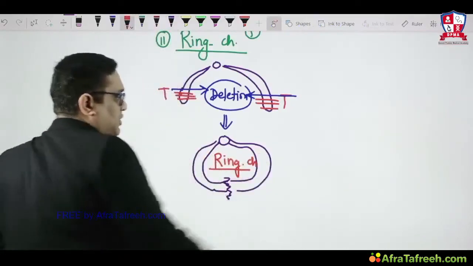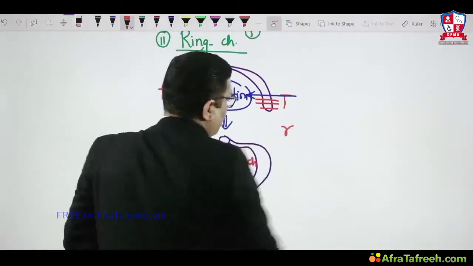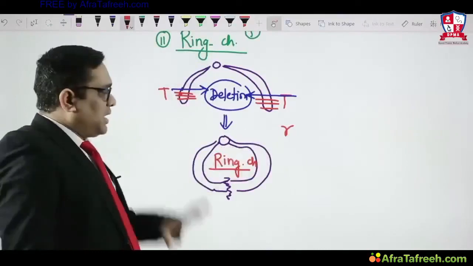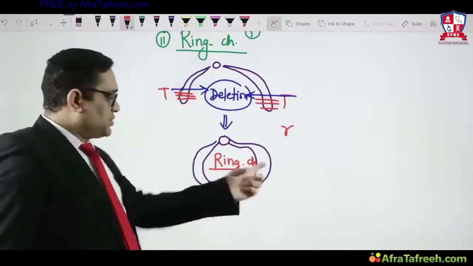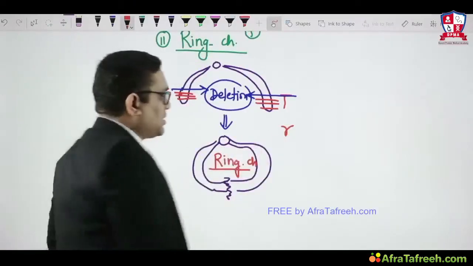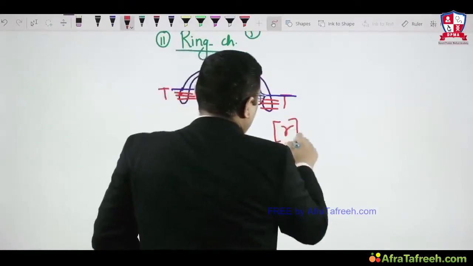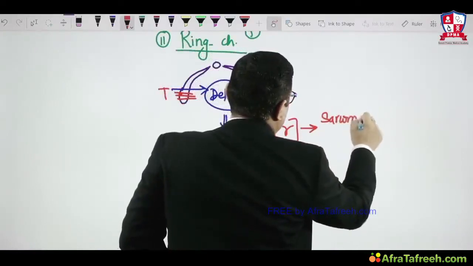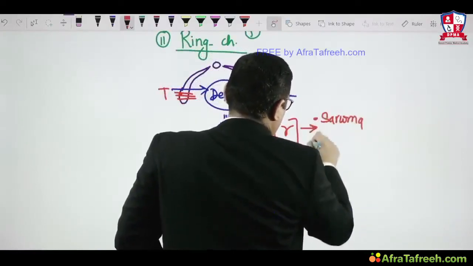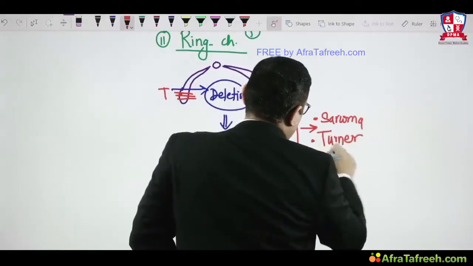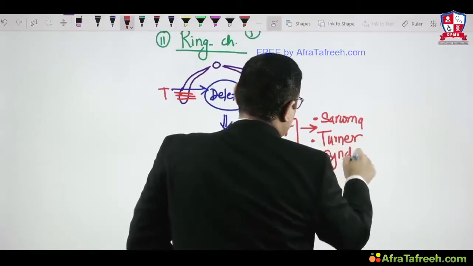A ring chromosome is denoted by a small r in karyotyping, and there will be no arms because all the arms are fused together. Ring chromosome is associated with the pathogenesis of sarcomas and Turner syndrome, right?